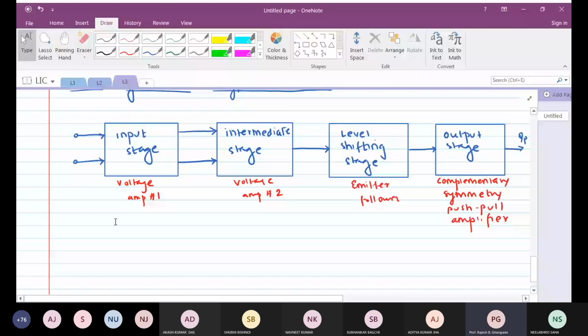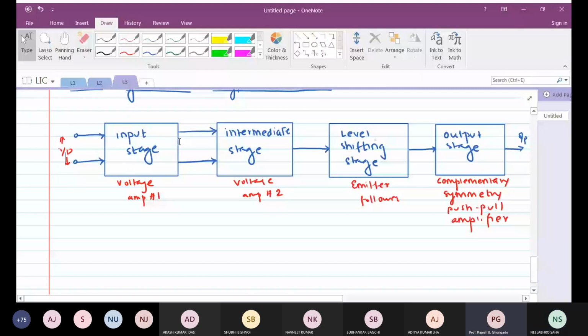Why do we require two-stage voltage amplification here? The voltage amplification from a single stage is not sufficient.